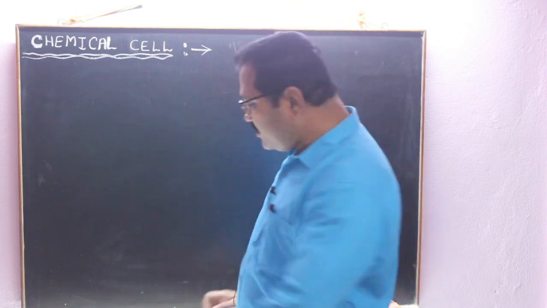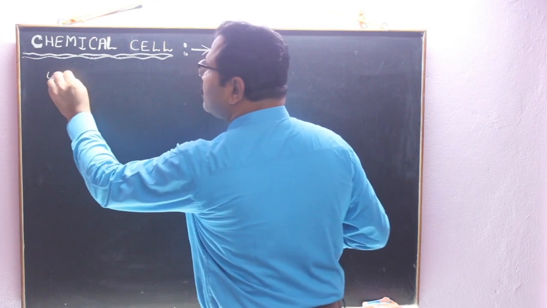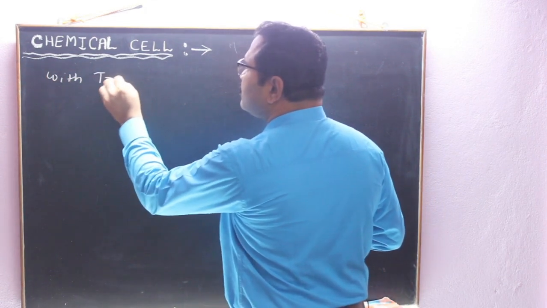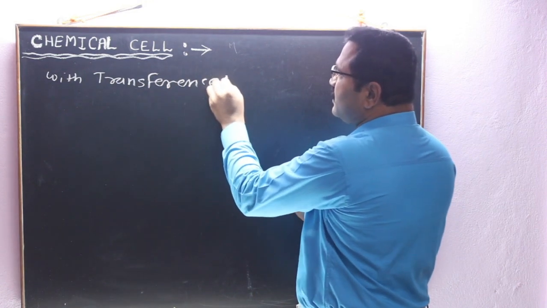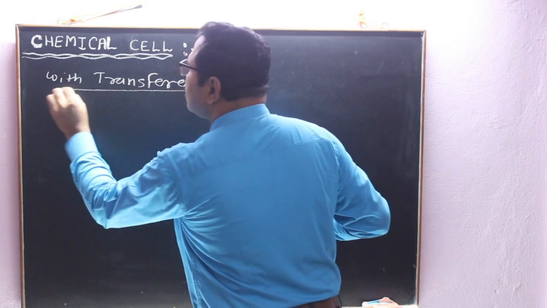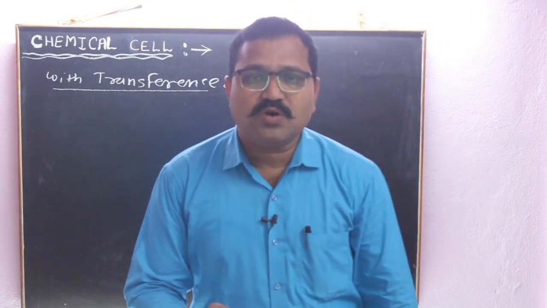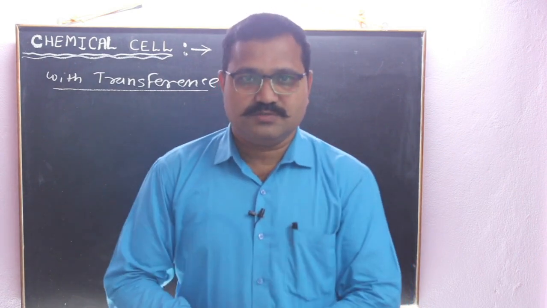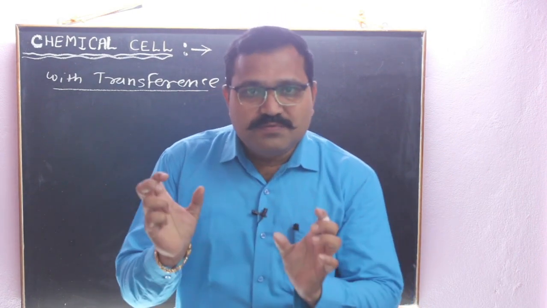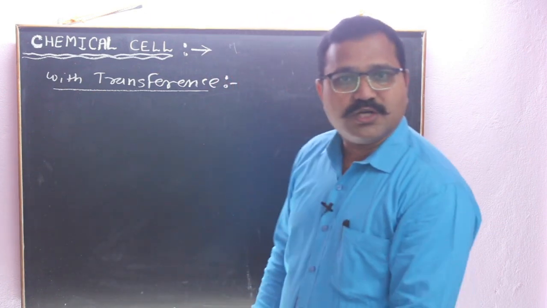Now what is meant by chemical cell with transference? In this cell there is a porous partition, porous spot or salt bridge between two electrolyte solutions. Two different electrodes are dipped in two different electrolyte solutions.